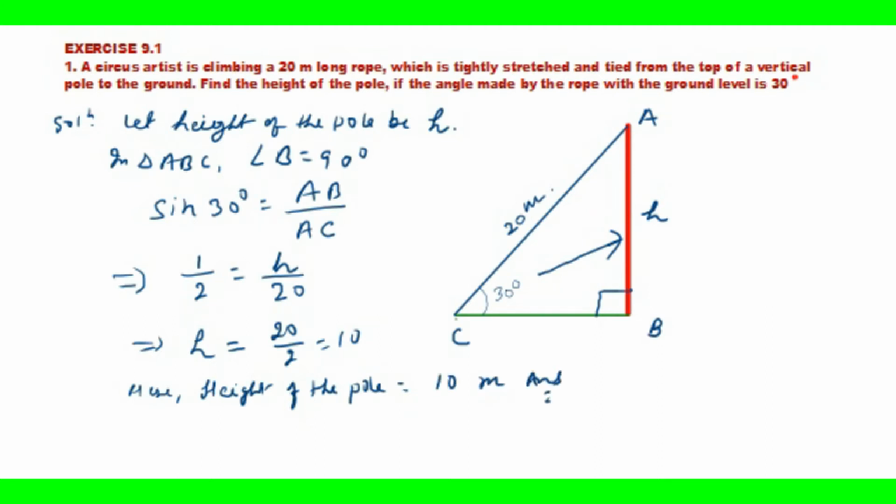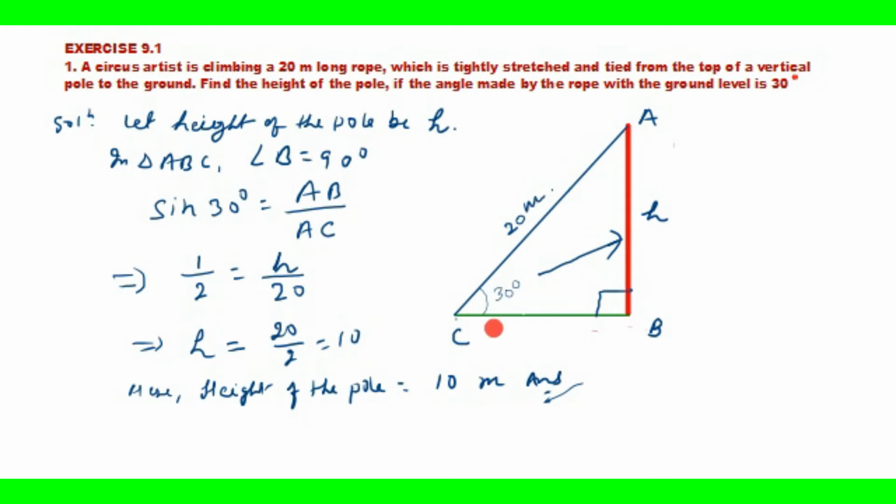Be careful to understand how we get the concept. First of all, you have to see in the figure, you will always get a right angle triangle. Out of this right angle triangle, sometimes two sides and one angle relation will be there. If one side and one angle is given, we can find the other side. If two sides are given, we can find the angle.